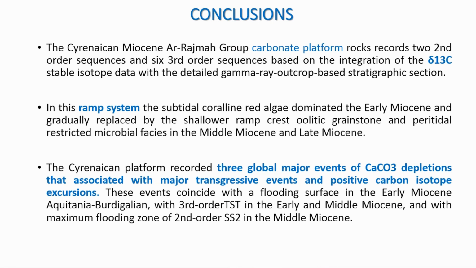In this ramp system, the subtidal coralline red algae dominated in the early Miocene and were gradually replaced by shallower ramp cryptolithic grainstone and peritidal restricted microbial facies in the middle Miocene and late Miocene. The Cyrenaican platform recorded three major global events of CaCO3 depletion that are associated with major transgressive events and positive carbon isotope excursions.